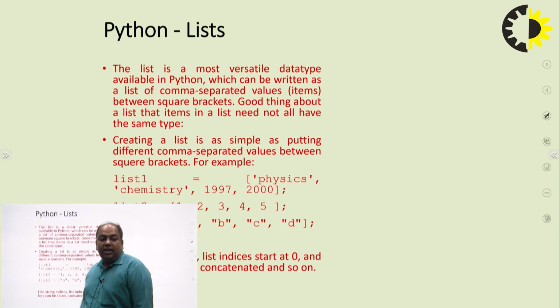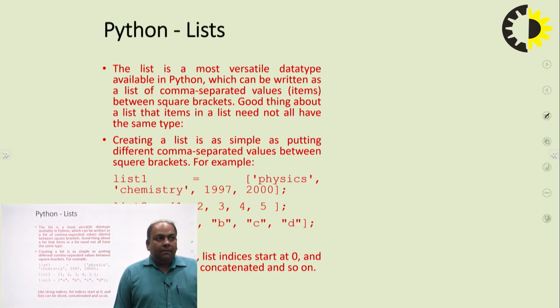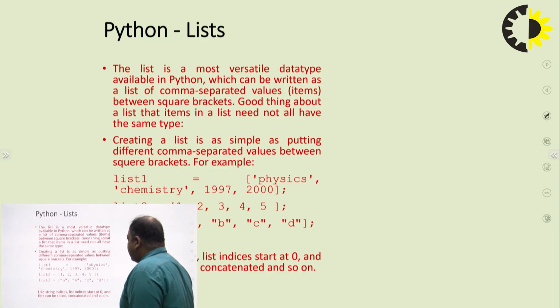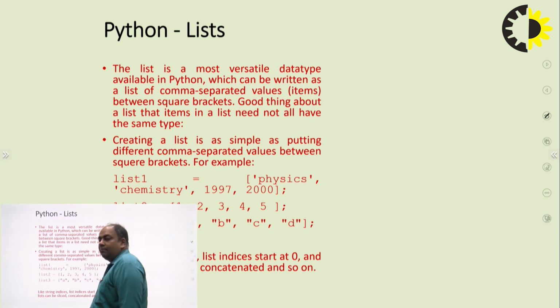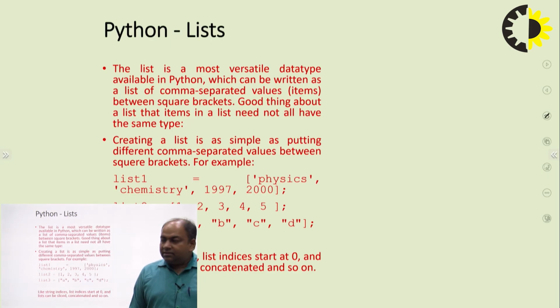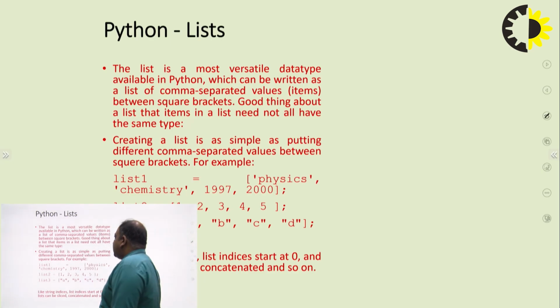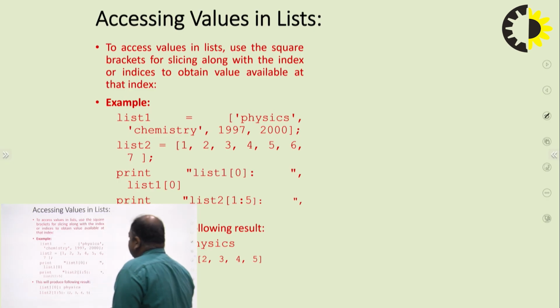Next, I will start with Python list. It is the most versatile data type available in Python, represented using square brackets, and it works the same as a string. Okay, the same slicing concept is used inside the list for accessing it.